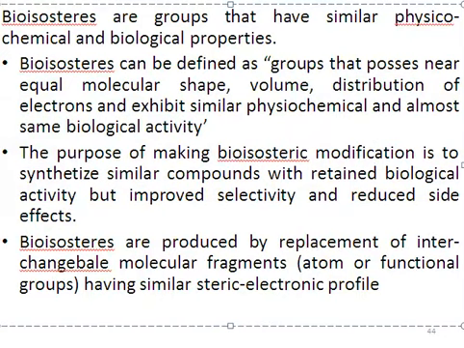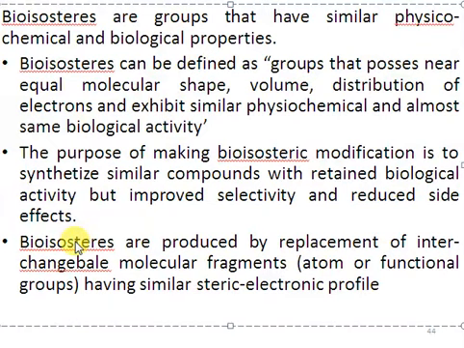So it's important that bioisosteres, when they are used, must have similar properties, whether physical, chemical, or biochemical. These bioisosteres are used to synthesize compounds that are similar in respect to the biological activity, but have the advantage of improved selectivity and reduced side effects.